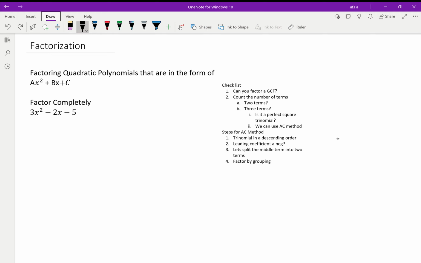Now, we can't really factor anything as it is, so our goal is to take the middle term and split the middle term into 2 terms. The middle term is a negative 2x, so yeah, we can get a negative 2x from a variety of things. We could say, okay, I have a negative 5x plus a 3x.